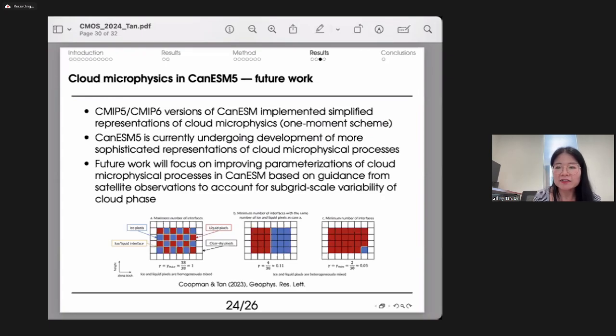And we plan to use some of these empirical observations that my former postdoc, Quentin Koopman, had analyzed based on spaceborne LiDAR and radar observations. So he quantified the variability in cloud liquid and cloud ice pixels within a model grid cell to basically guide the improvement of cloud microphysical parameterizations in models.